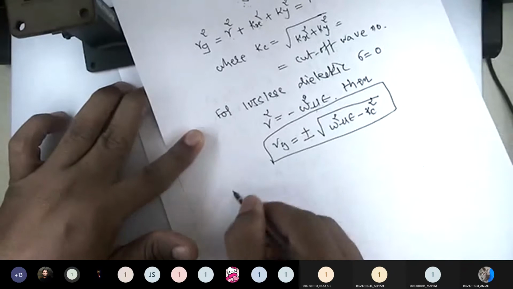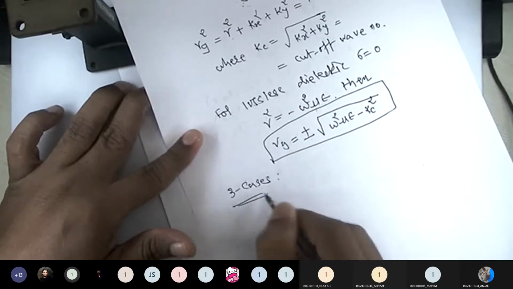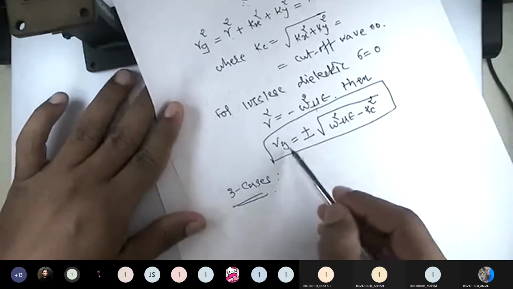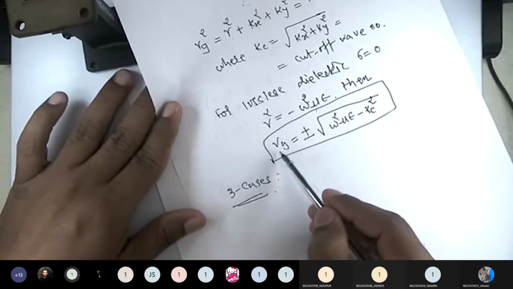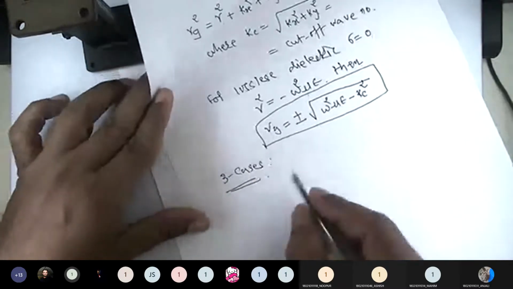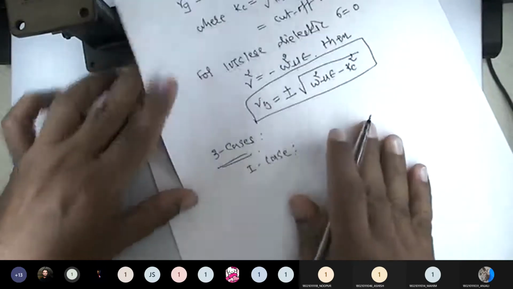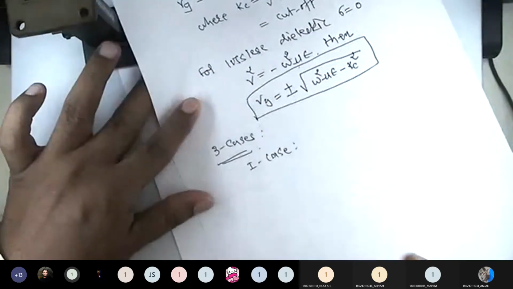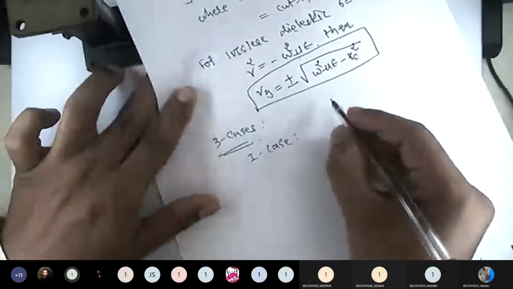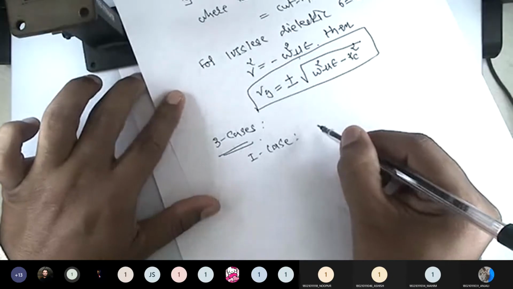Now we have to check three cases. Which are these three cases? Because this is our propagation constant gamma g in the guide. Let us first see the first case, where we assume that there will be no wave propagation in the guide. How can it be achieved?